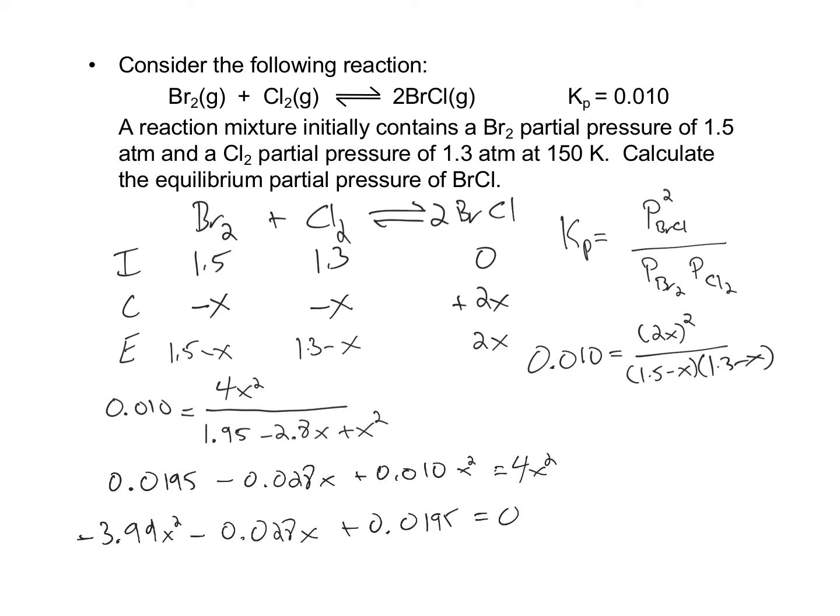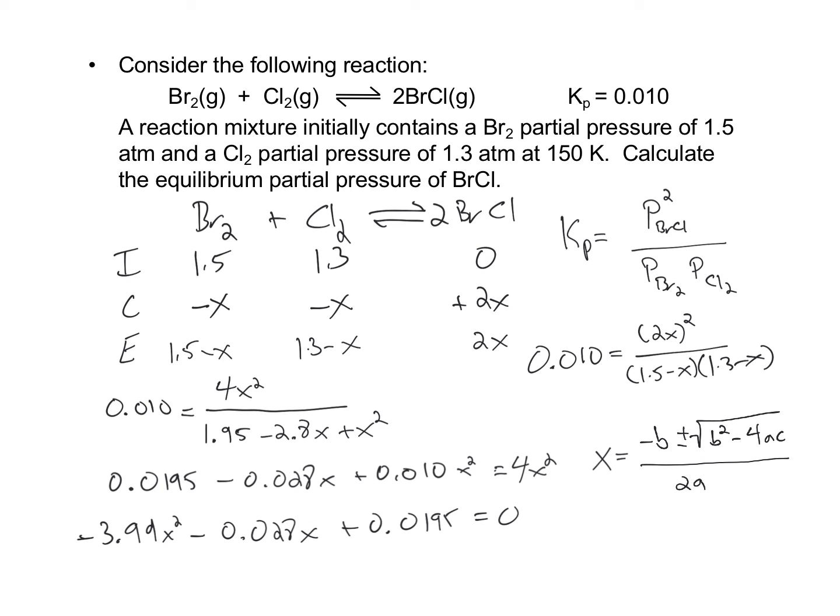Alright, so now at this point, we're left with nothing to do, but we need to solve a quadratic equation. So we need to use that x is equal to minus b plus or minus the square root of b squared minus 4ac, and all of that is over 2a.